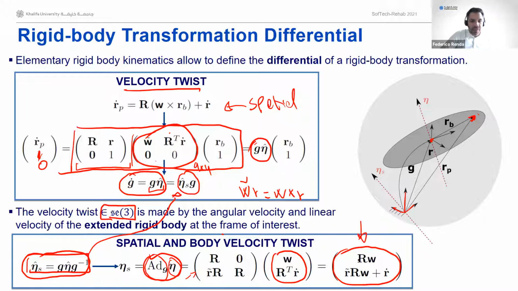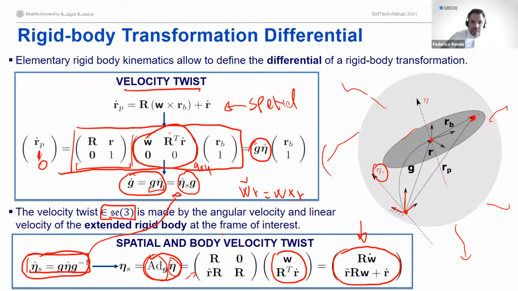Now, what is this twist in the spatial frame? This is a big idea for the use of screw theory or Lie groups in mechanics. We imagine now our body to be extended everywhere in space. And eta S is the velocity of the origin of the spatial frame as a point of this extended rigid body.